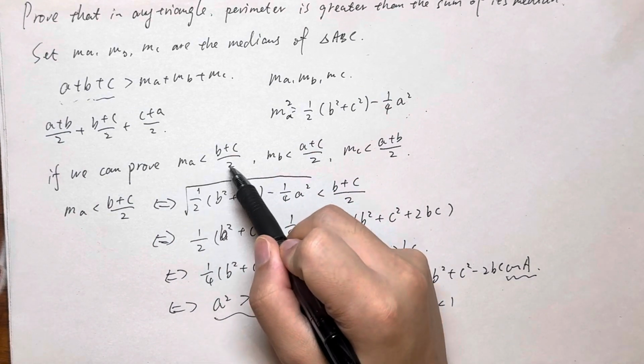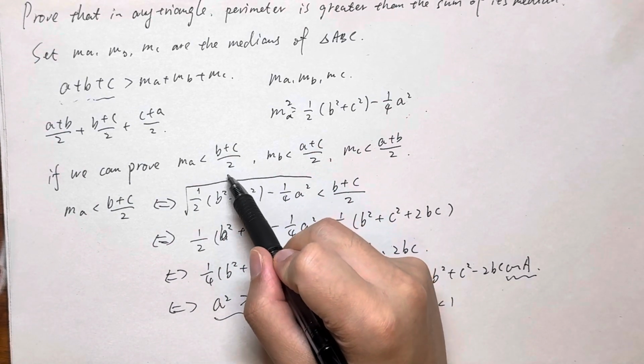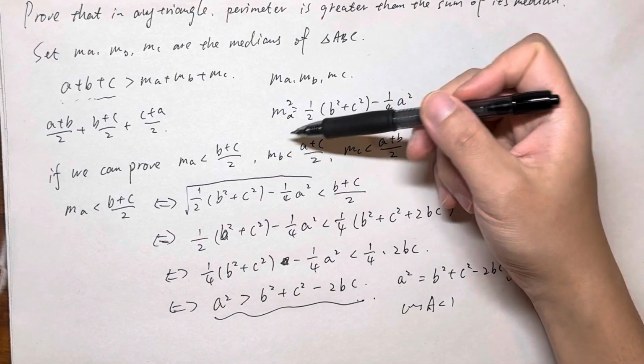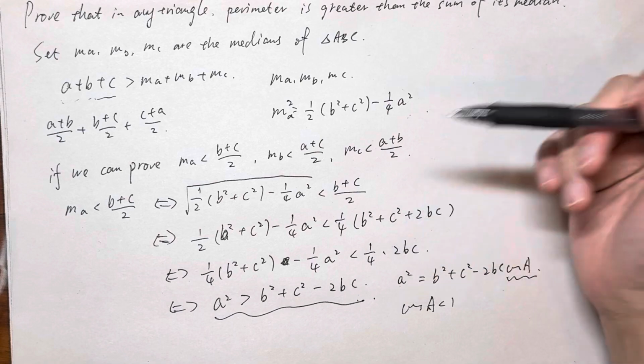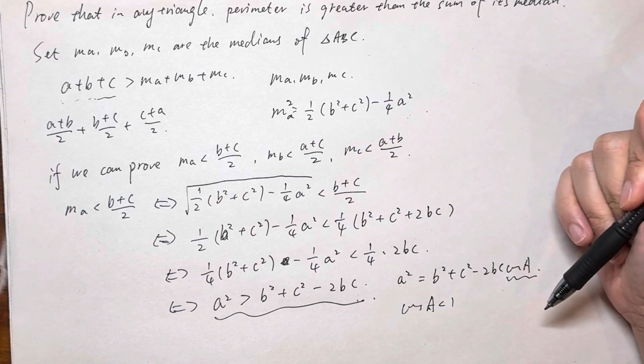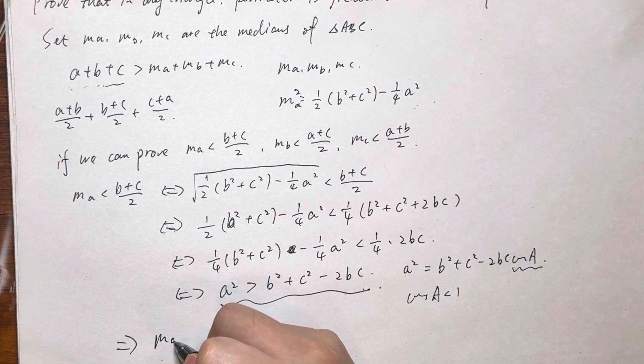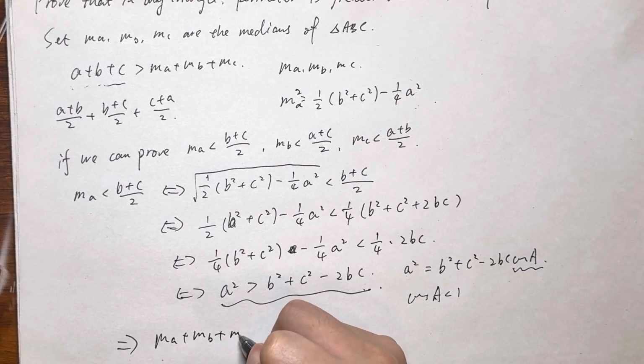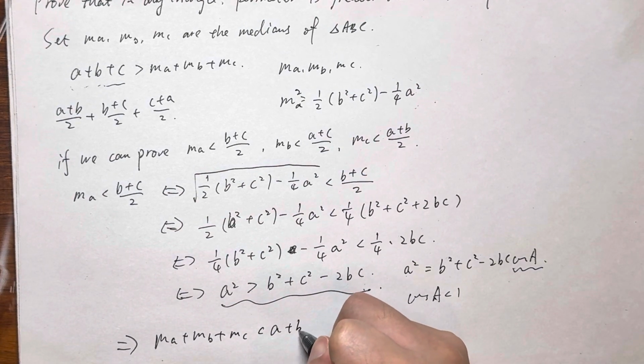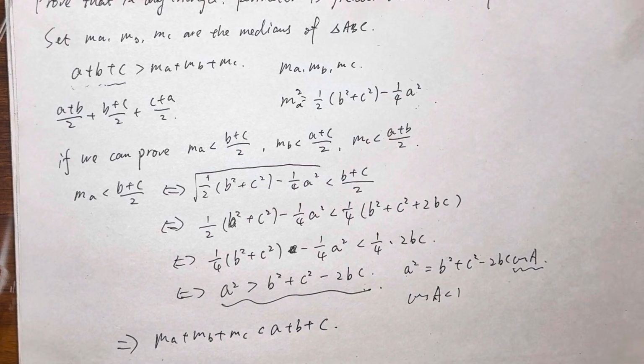Which means that MA less than (b plus c) by 2 is valid. And for MB and MC, the proof is done the same way. Therefore, we get that MA plus MB plus MC is less than a plus b plus c. Okay?